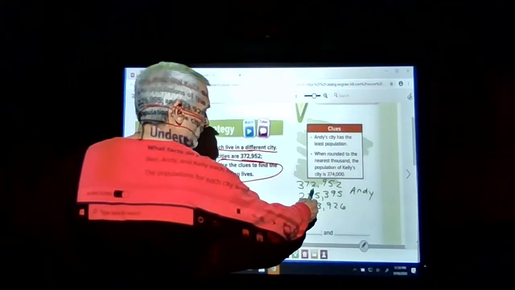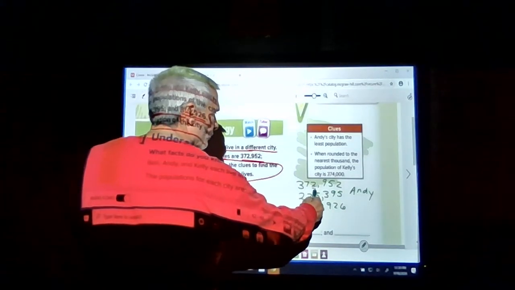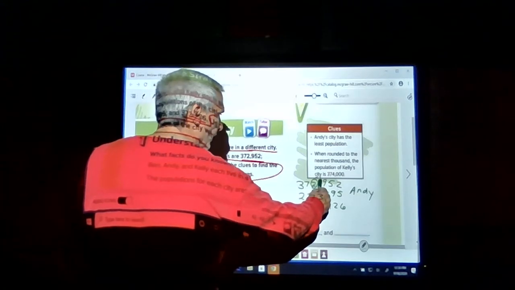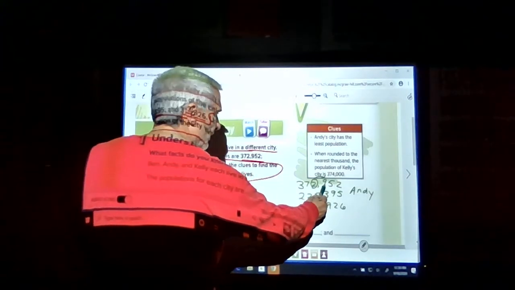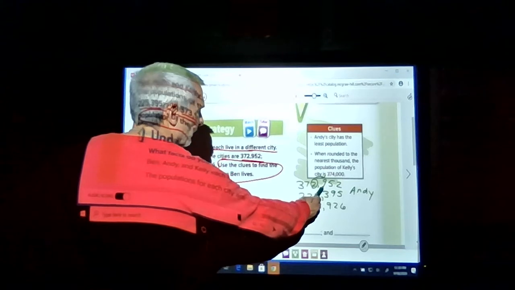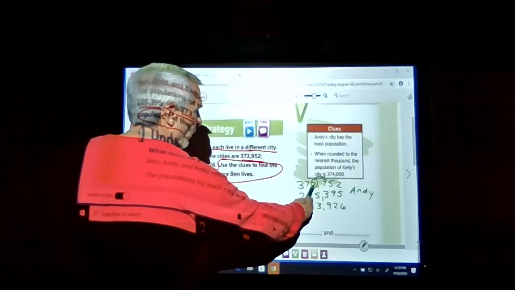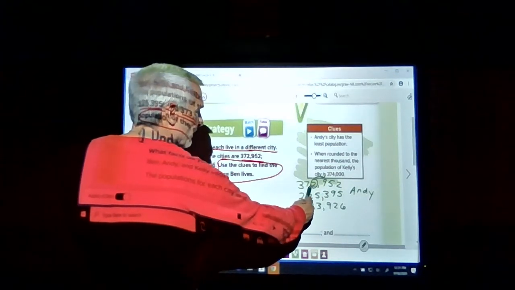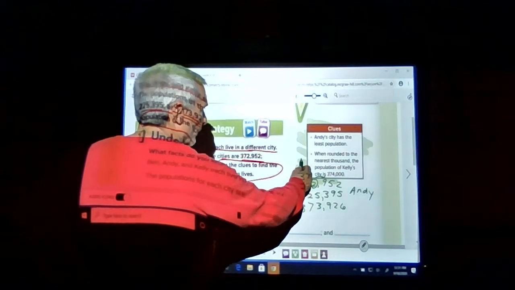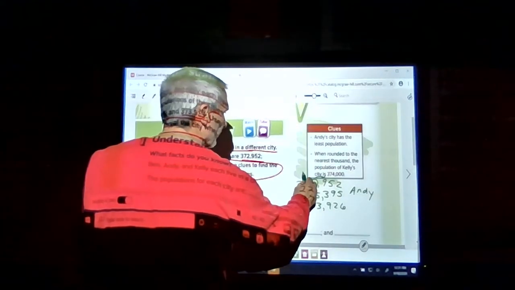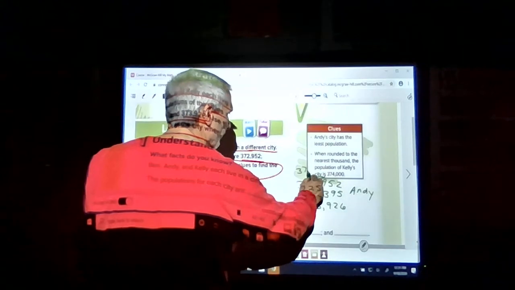Let's take this 1,000, circle, go next door. Is that 5 or greater? It is. Makes the 2 go up 1. So 373,000. I can write that above it. 373.